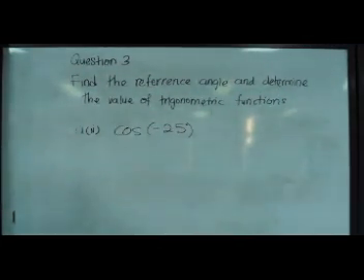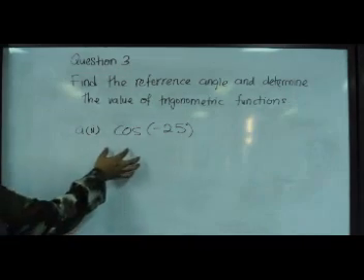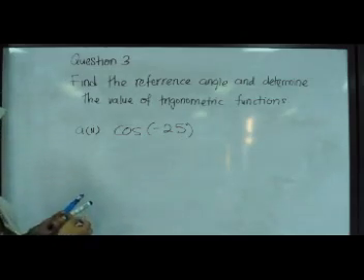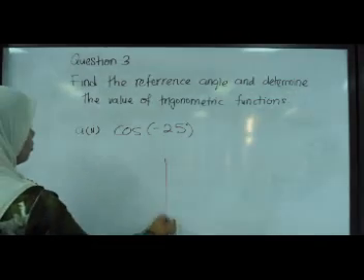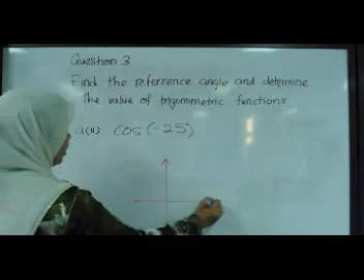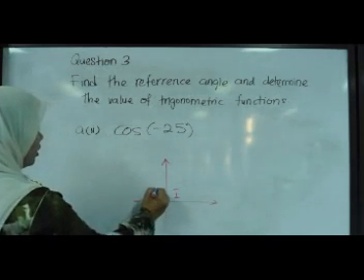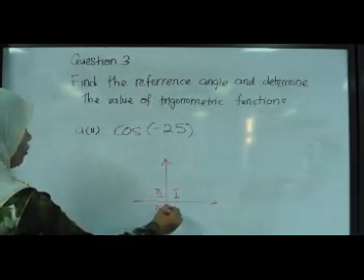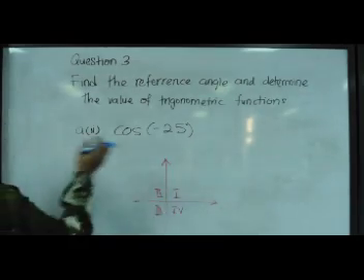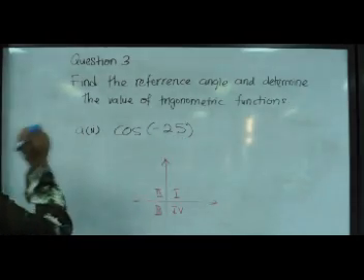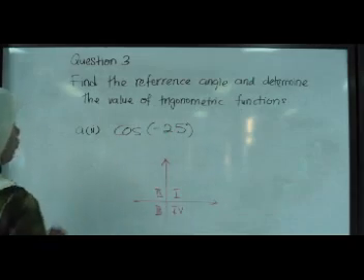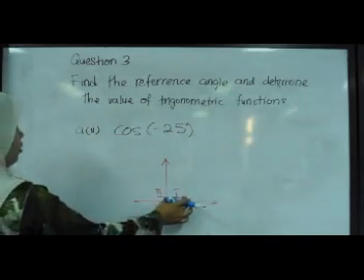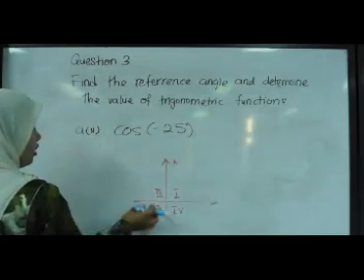cosine negative 25 degrees. As usual, we need to find cosine negative 25 by using the quadrant graph. So we have 4 quadrants as usual: first quadrant, second quadrant, third quadrant, and fourth quadrant. We need to make sure the value of cosine is negative. The first quadrant is all positive.